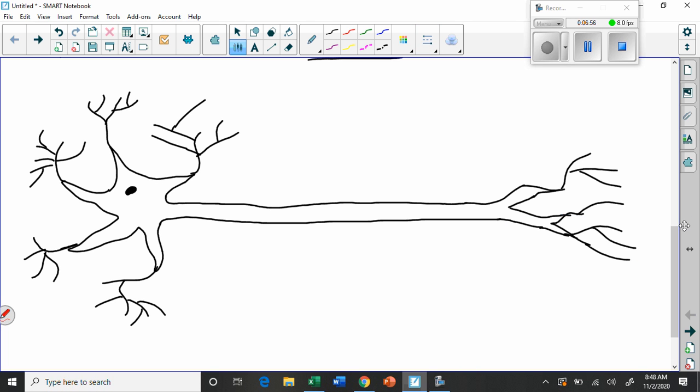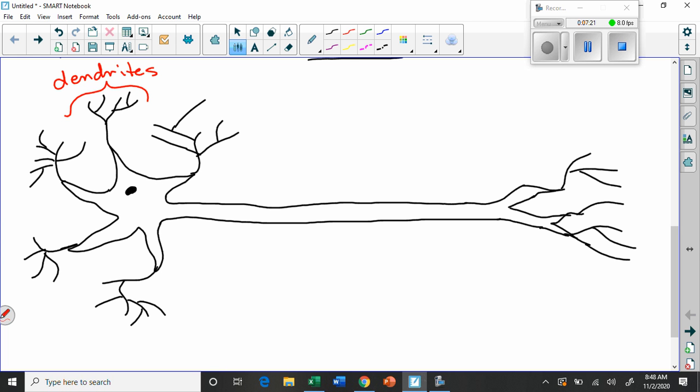The little branchy-like segments all around the cell, I'm just going to put a little thing like this. These are called dendrites. And of course, they're the spot where another neuron is going to be able to link up with this cell.